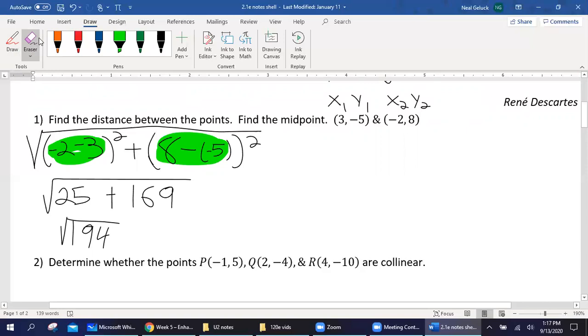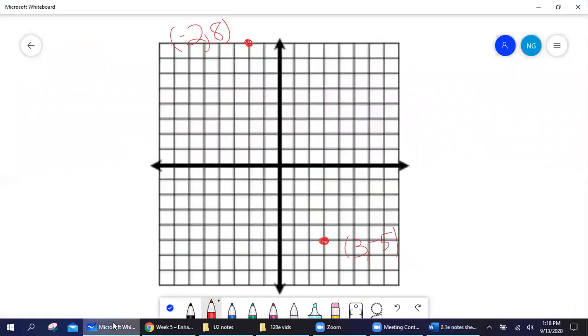Now, that's using the distance formula. I also want to show you that, again, really distance formula is Pythagorean theorem. So here are the 2 points on a graph. If I build a little right triangle on these, the horizontal distance, well, if I count the amount of spaces, and again, I'm looking at the bottom of this triangle, the horizontal distance, it's that 5.